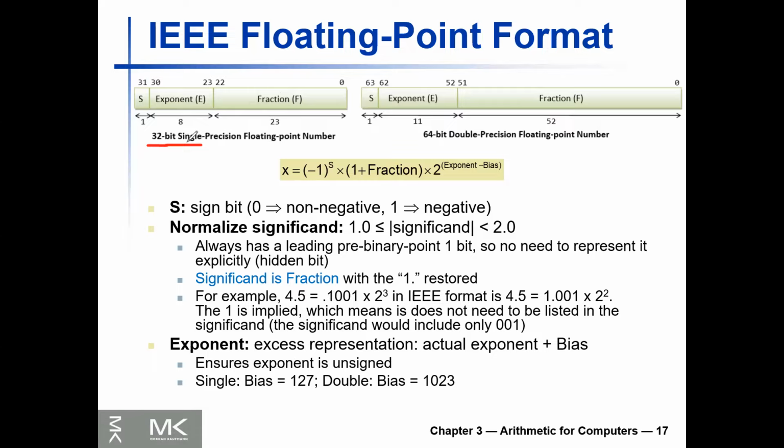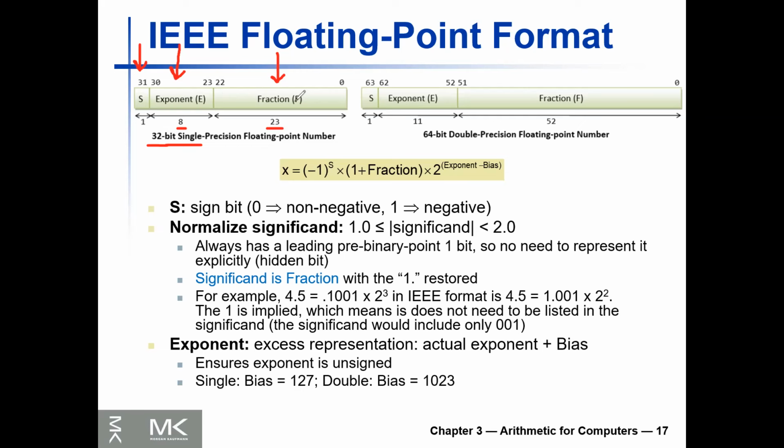Out of 32 bits, 1 bit is reserved for the sign bit. It represents the sign of the number, whether the number you are storing is negative or positive. Then the next thing is the exponent, which requires 8 bits to store. Then the fraction part, or significand, requires 23 bits.